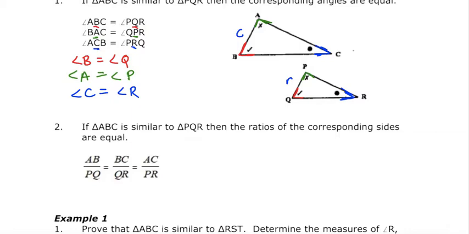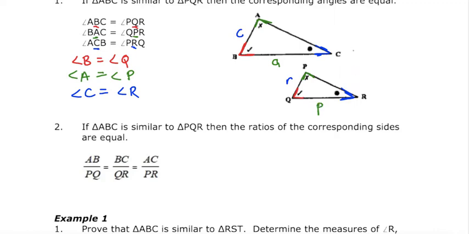BC, which is the line segment that joins angle B to angle C, we can also call that a because that's the side that's across from that angle. And we always label our sides as lowercase letters. So QR would be the same as p.